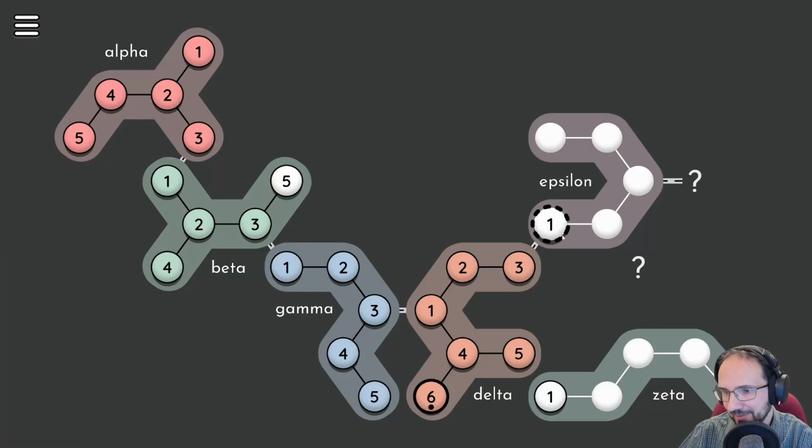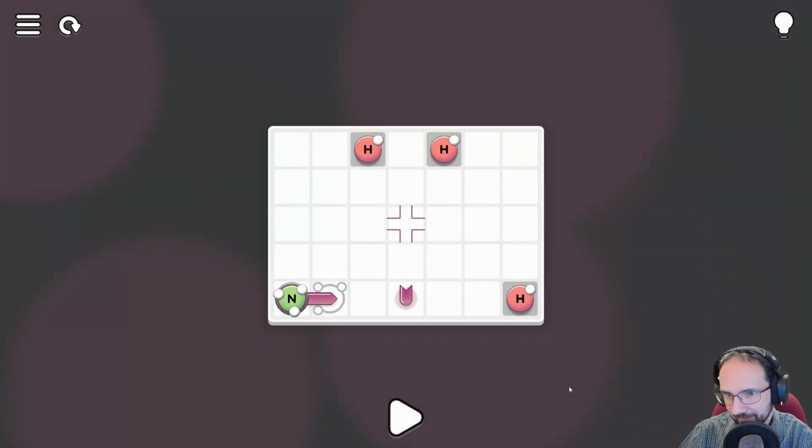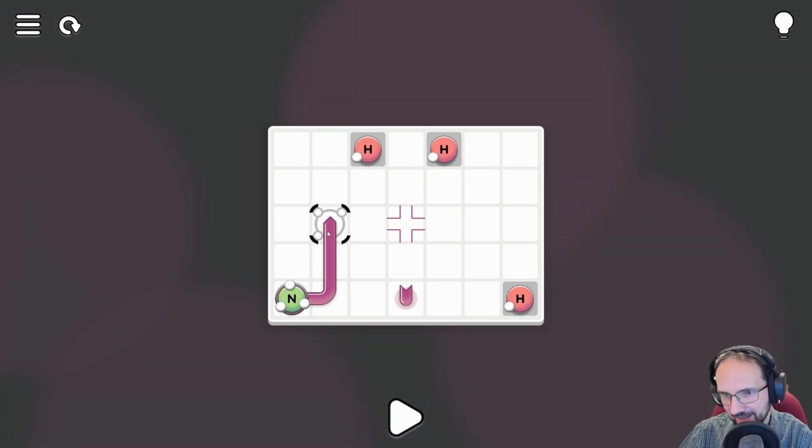Okay, Epsilon and Zeta. What is that in the middle? I'm guessing... I don't know, actually. What is that? Let's find out.